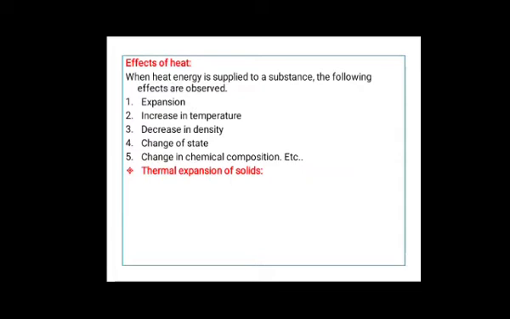Now let us learn about thermal expansion of solids. What is the meaning of thermal expansion of solids? It is the increase in the dimensions of a body when heat is supplied to it. So you have to heat a body, then observe the changes in its dimensions. Then it is called thermal expansion of the solid.